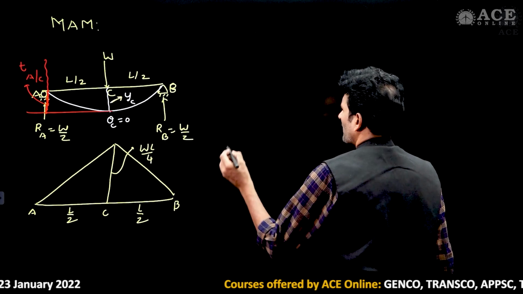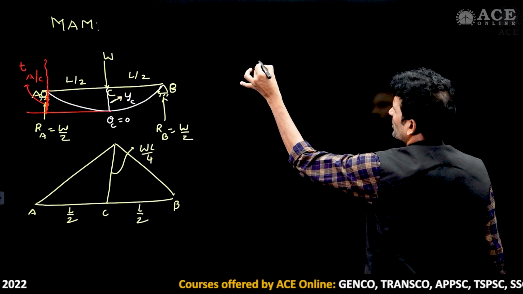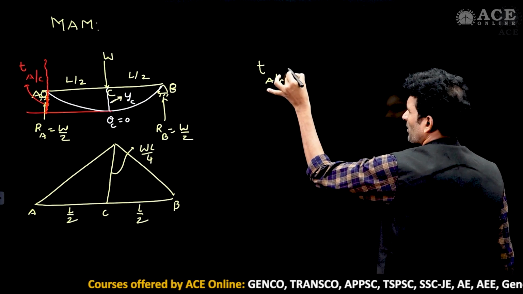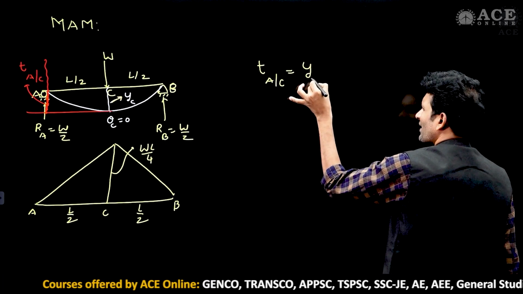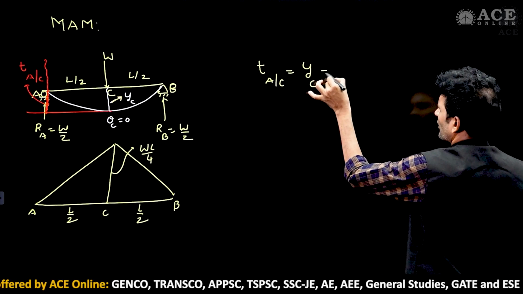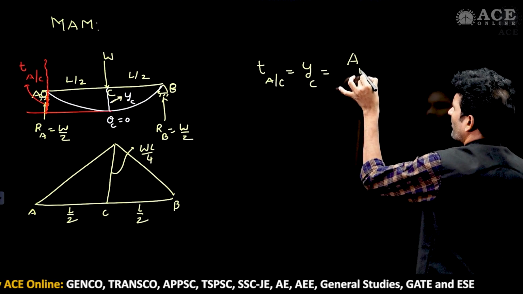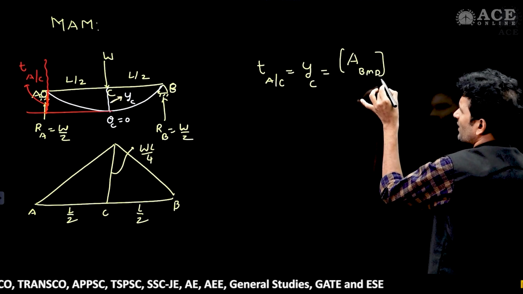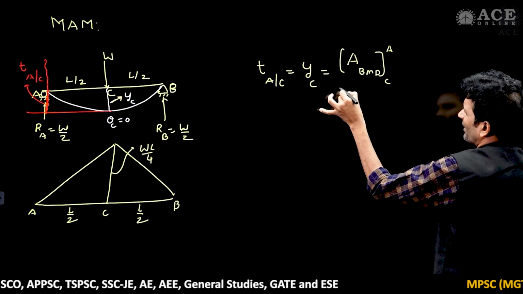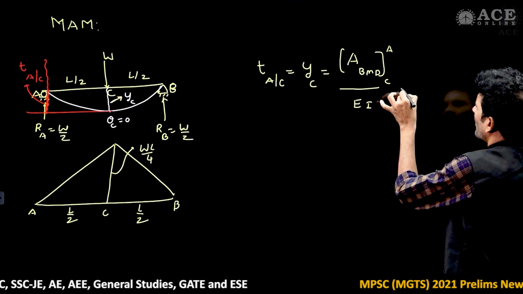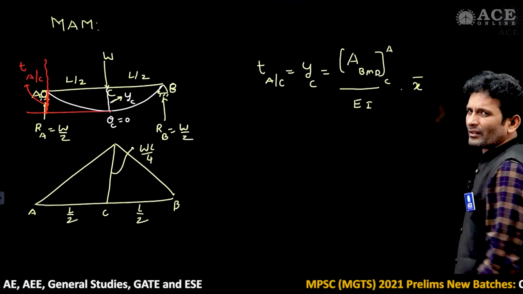Let us take this one. I am applying theorem 2. From theorem 2, the tangential deviation of point A with respect to point C should be exactly equal to YC, that is Y max. How are you taking this? Area of the bending moment diagram between C and A divided by EI, the flexural rigidity, times X bar.